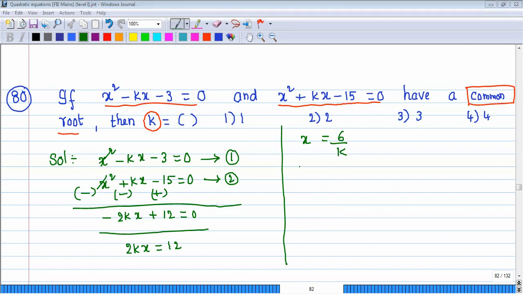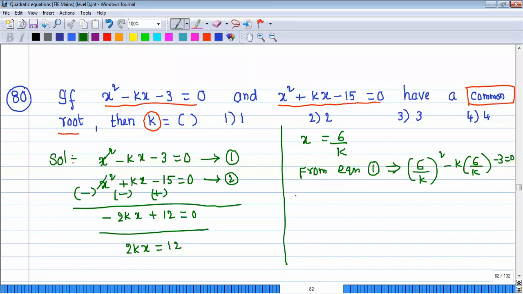So now from equation 1, so that implies in the place of x substitute 6 upon k. 6 upon k whole square minus k times 6 upon k minus 3 equals to 0. So we have 36 upon k square.